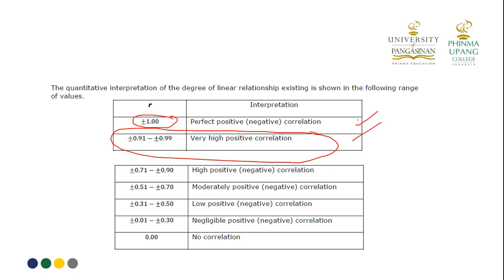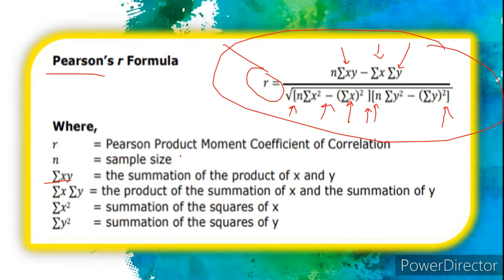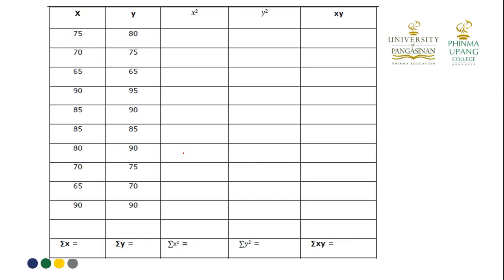So, all you need to do is to memorize kasi sa CPE, hindi open ang ating mga formula. There is an interval here, so you need to memorize all of this. Swerte na lang kung walang tanong na interpretation about the getting of PCC. Yeah, so, let's solve this.